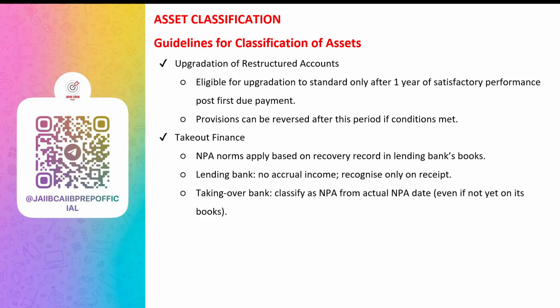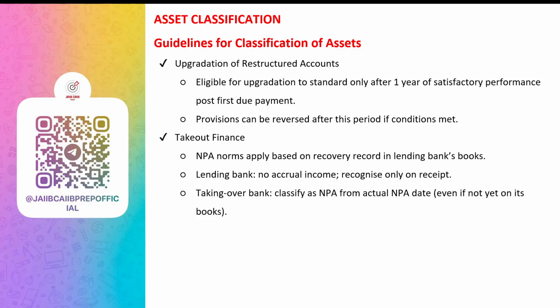Upgradation of restructured accounts. So sometimes when borrowers face difficulty in repayment, the bank restructures the loan, changes repayment terms like extending tenure, reducing installments, etc. And a restructured account is considered substandard initially.